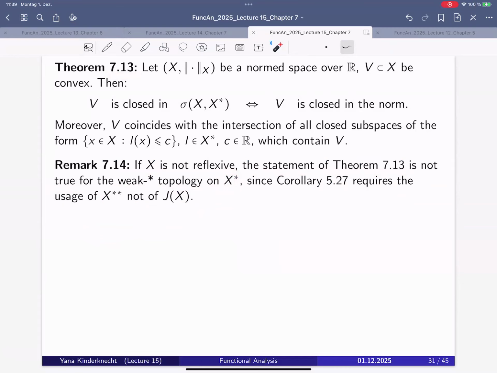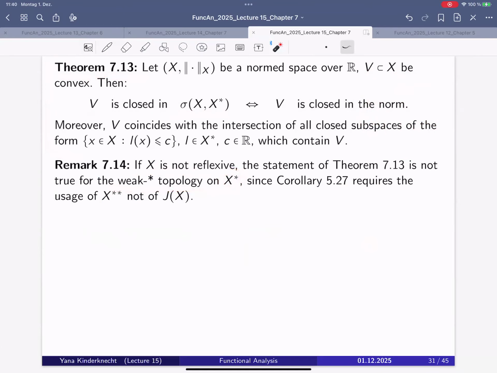Of course, one could think about working with X star and the weak star topology on this set, because before we had statements with item 1 for X and something similar, item 2, for X star: here the weak topology, here the weak star topology. But this statement is only for the weak topology in X, and if X is not reflexive, it does not work for the weak star topology on X star.